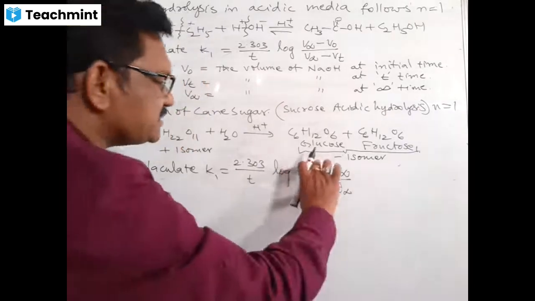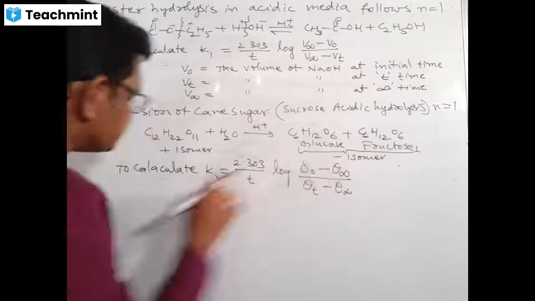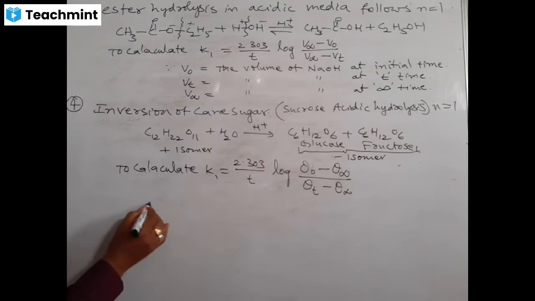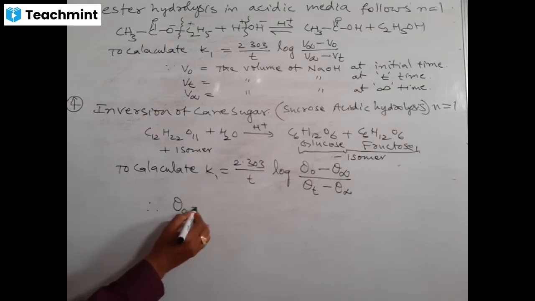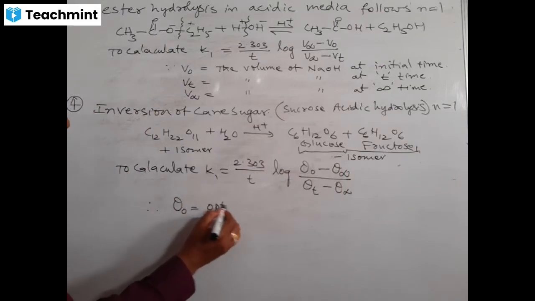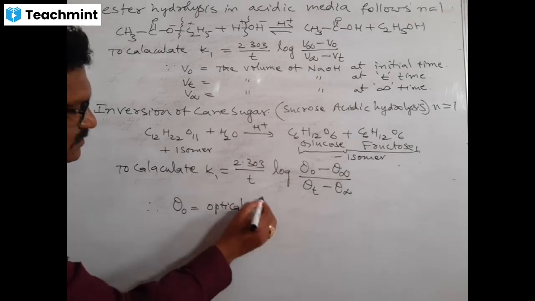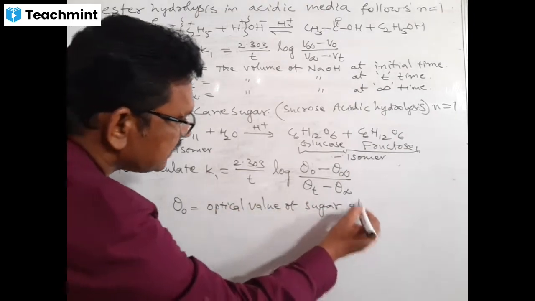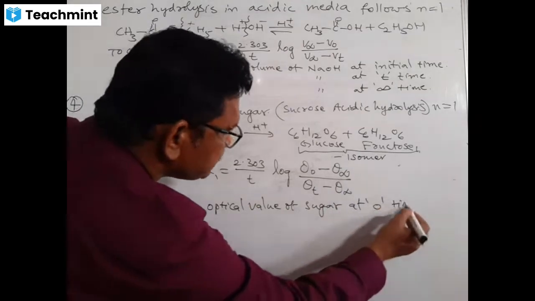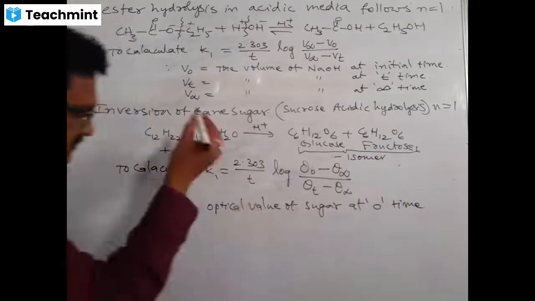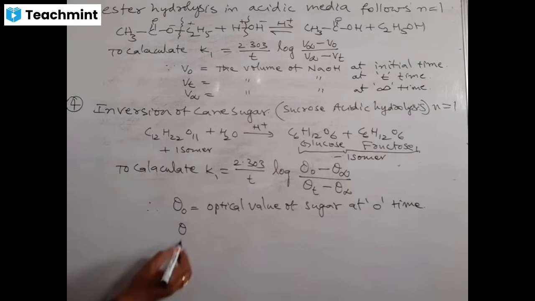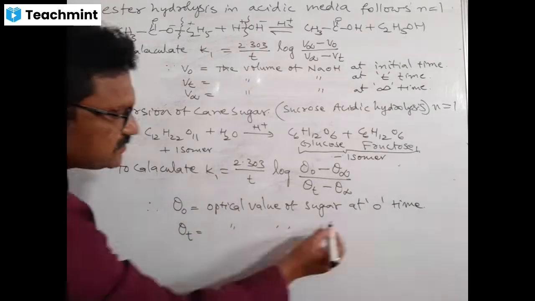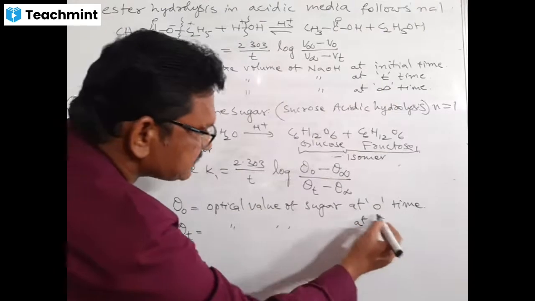Here the unknown things are these thetas. What is theta? See, I am writing here. Theta 0 means the optical value of sugar at zero time. At zero time means initial time. Theta T means the optical value of sugar at T minutes.